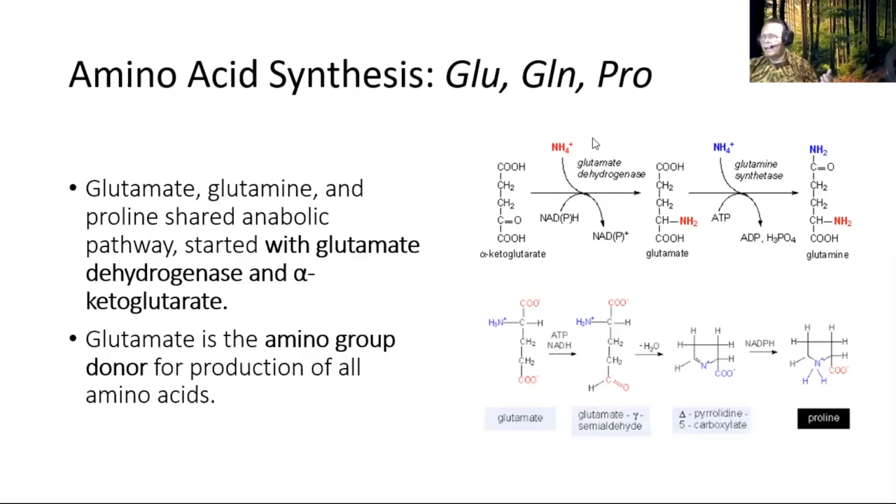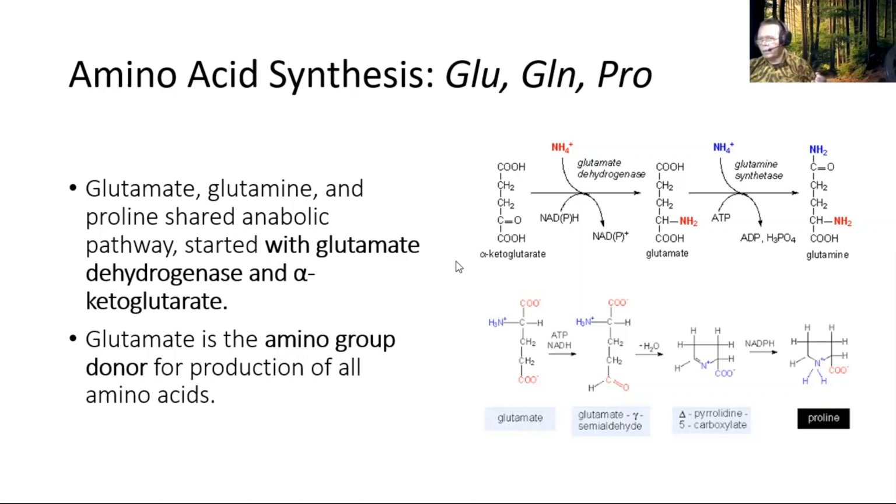Glutamate, glutamine, and proline. These three amino acids share an anabolic pathway. Start with glutamate dehydrogenase and alpha-ketoglutarate.